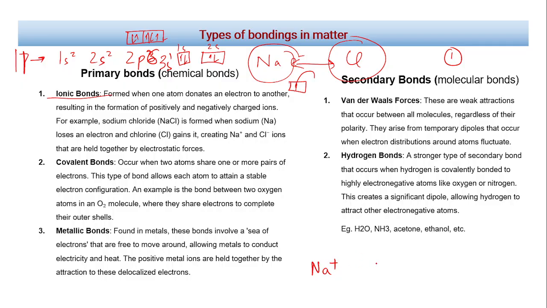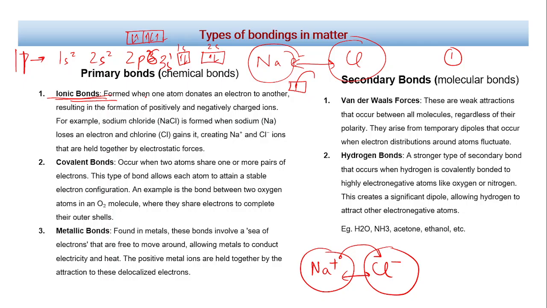And Cl, which takes the extra electron, has an extra negative charge. This is a positive ion, this is a negative ion, and this kind of bonding between a positive ion and a negative ion is called ionic bonding.